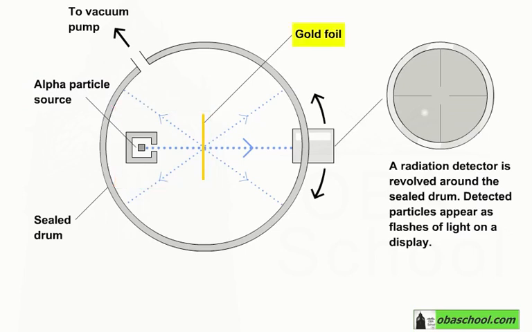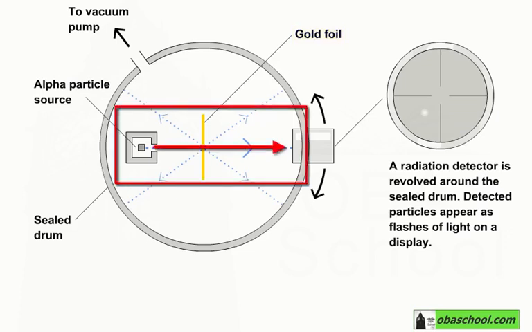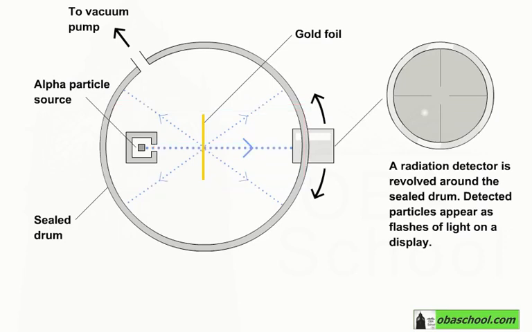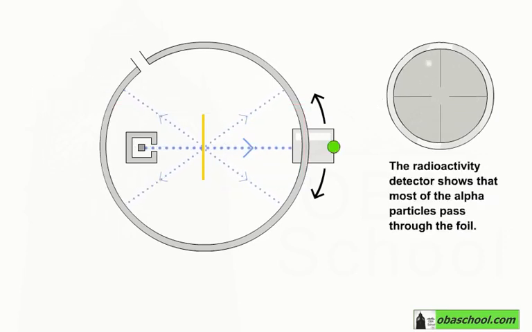Actually, they expected that the particles would directly hit the gold atoms, according to Thomson's model. However, they got surprised. When they started firing these alpha particles, the radioactive detector shows that most of the alpha particles passed through the foil.